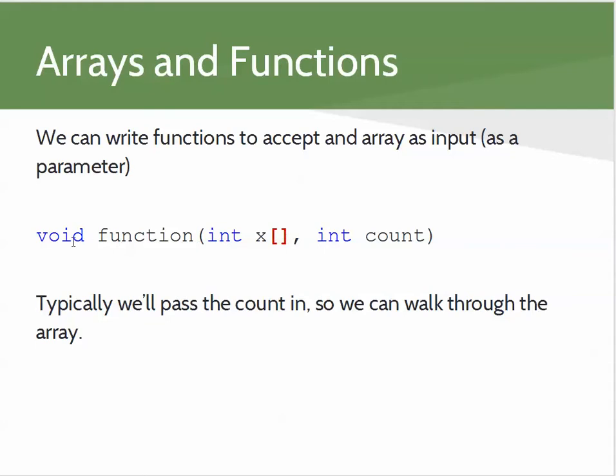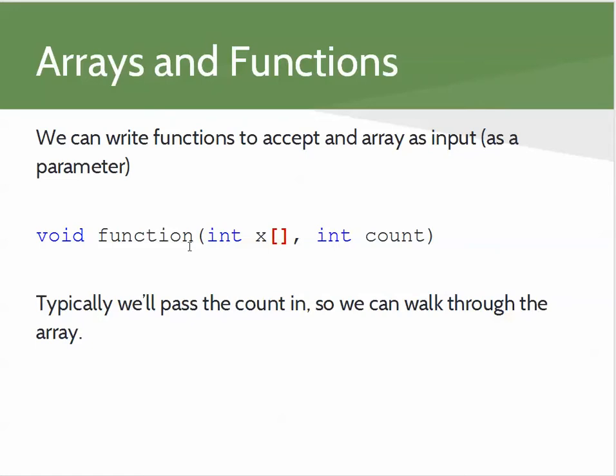And in fact, there's actually nothing being passed into this function likely to say what the actual capacity of the array was. What we do normally put into this function is the current count, how many numbers are currently in the array. And if you think about that, that's really crucial.